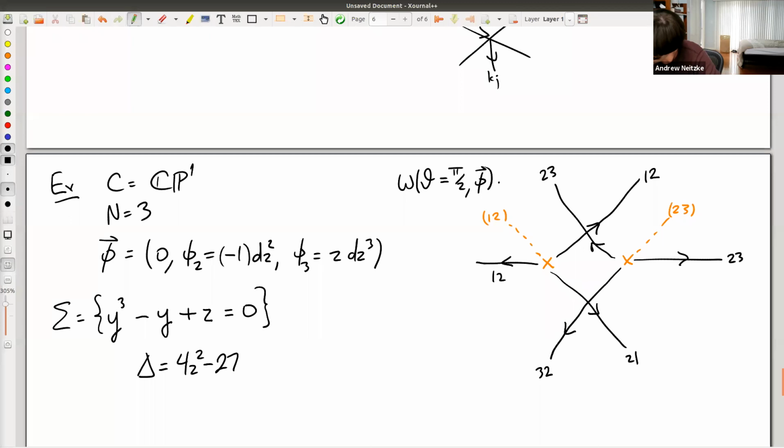This is 2, 3. Of type 1, 3. And then here, likewise, these are 3, 2, and 2, 1. And so they generate a new one. There's a total of 8 trajectories in the picture.